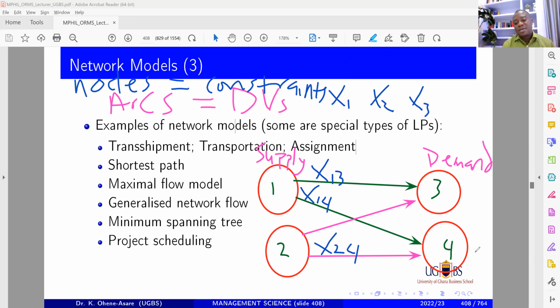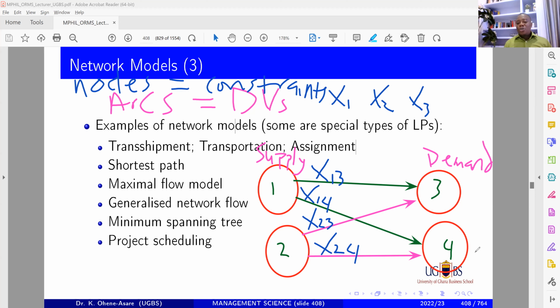It's very important. Now, please note that this is the simplest one you will ever get. In real situations, the nodes are many and the arcs are also many. And the decision variable for supply node 2 to demand node 3 is going to be X23.